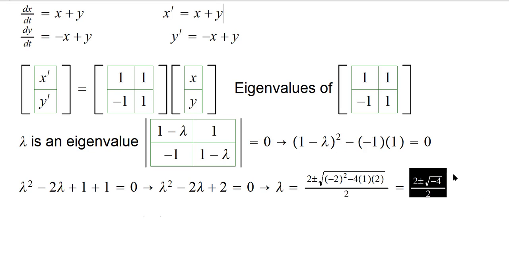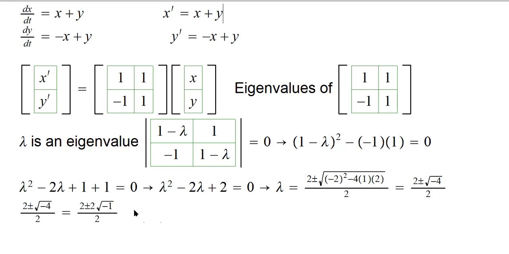So what are the eigenvalues then? Let's first go ahead and abbreviate it further. If we factor a 4 out, then this will become a 2, and you all know that square root of negative 1 is the complex number i.